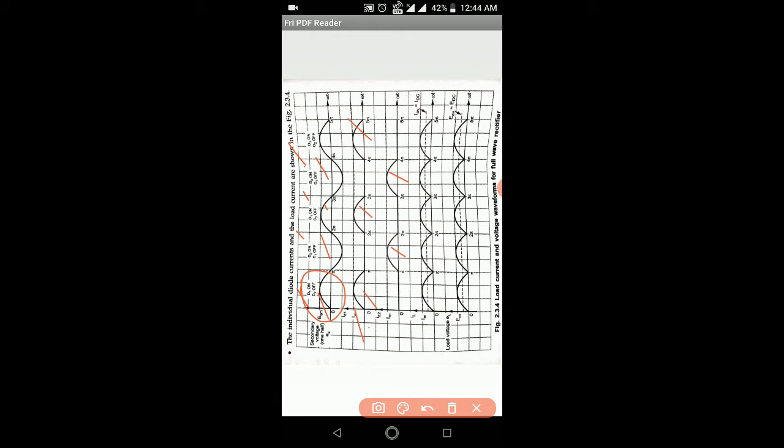This output is obtained when diode D1 is on, and this output is obtained when diode D2 is on. So the total output is obtained like this, and this is for the current and this is for the load voltage. This is the output from the full wave rectifier circuit. The output load current is still pulsating DC and not pure DC.